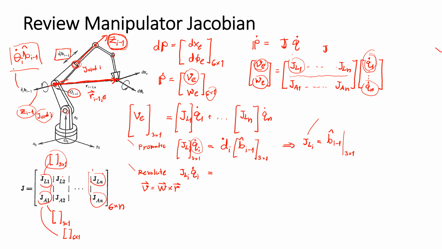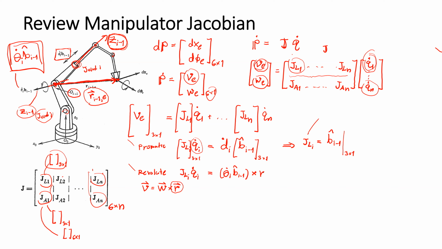The omega vector has the magnitude of theta dot i and has the unit vector described by b(i-1). Theta dot i magnitude, b(i-1) unit vector. This is omega. The relative position vector is this one.